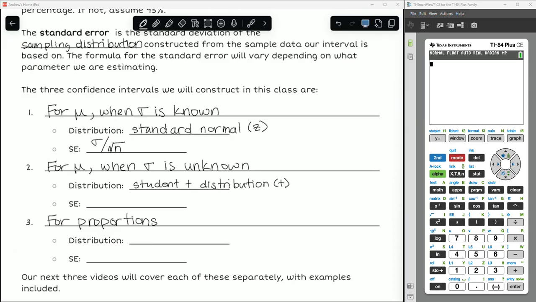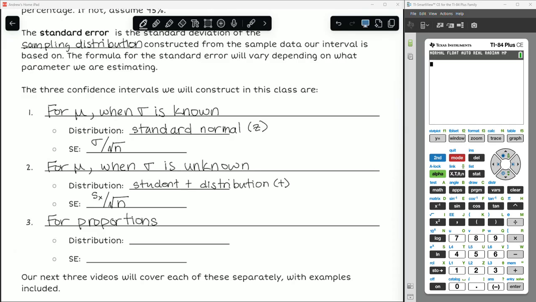The smaller the sample size, the wider the curve will be. And we're going to take a closer look at the student t distribution when we get to the video on means without a sigma. For the standard error, we're estimating a mean, so the format of that equation is the same, but I don't know sigma, so I'm going to estimate it with the next best thing, which is the sample standard deviation. So same structure, but now it's sample standard deviation divided by square root of n.